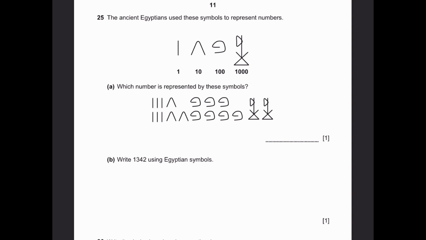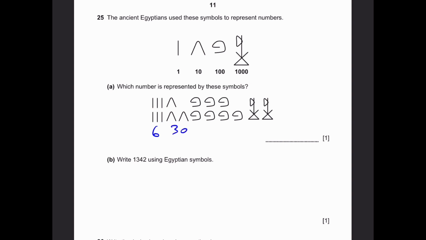Question 25. The ancient Egyptians used three symbols to represent numbers. These symbols represent numbers 1, 10, 100, and 1,000 is this complicated symbol. A. Which number is represented by these symbols? So we can see that there's 1, 2, 3, 4, 5, 6 ones. So this is 6. And then there's 1, 2, 3 tens, so there's 30.